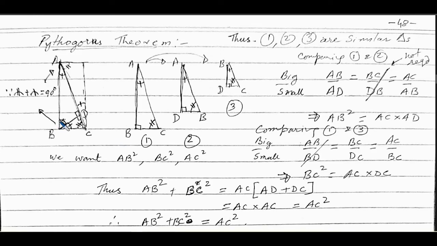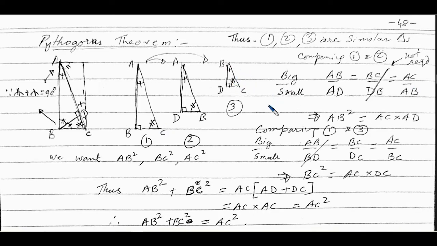And since we have taken a right angle triangle, this angle plus this angle plus this angle is 90 degrees. Now since these are similar triangles, I can write for this big triangle and small triangle that AB divided by AD will be equal to BC divided by DB. That will also be equal to AC, this hypotenuse, divided by AB.